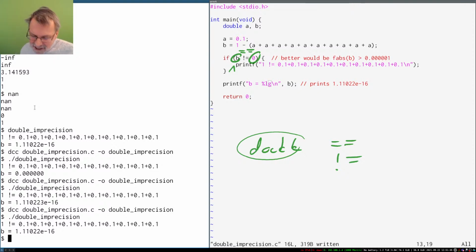If you really know what you're doing, and I guess if you go through this course and understand everything we're trying to teach you, you will know what you're doing. There are cases when you can do it, but honestly, if you want to be safe, just don't. You should always use less than, greater than, and their friends with floating point values, with double, with float, with long double. Because, well, this program is that in miniature.